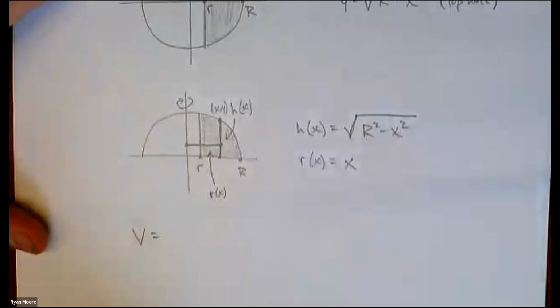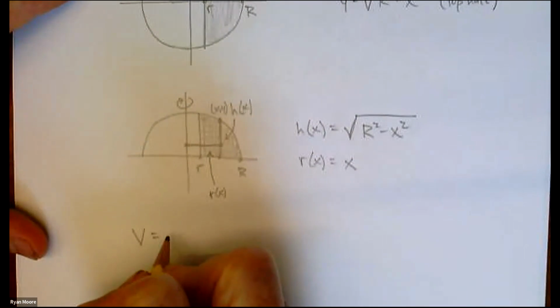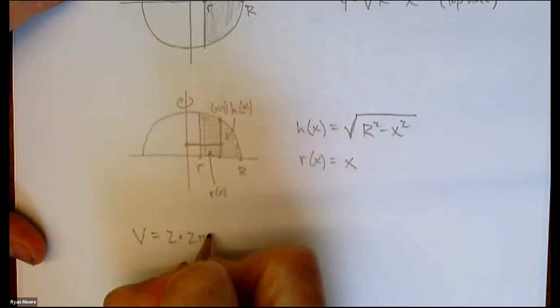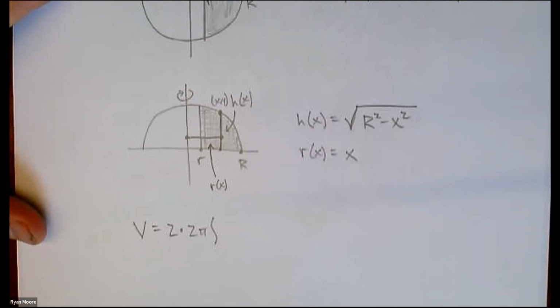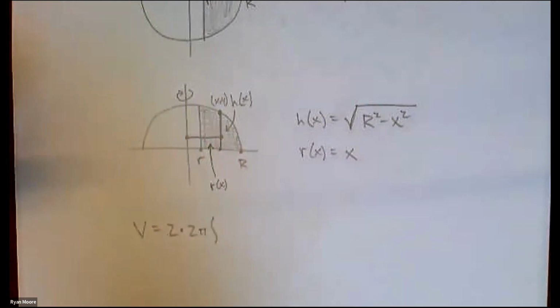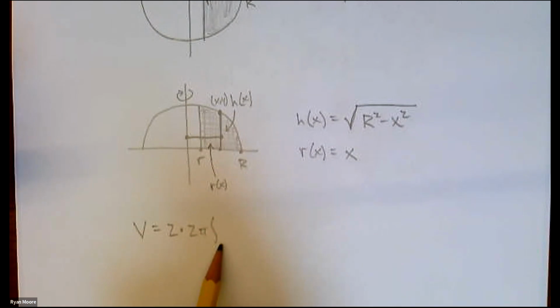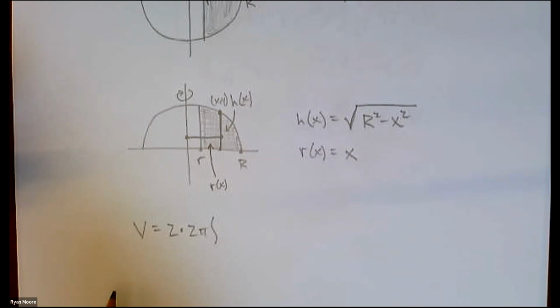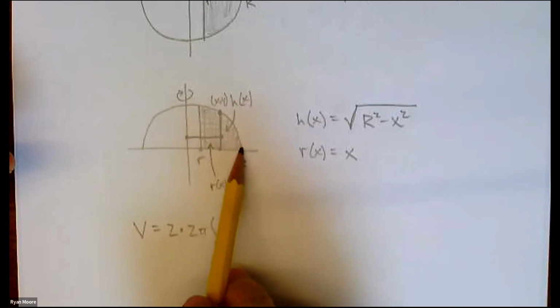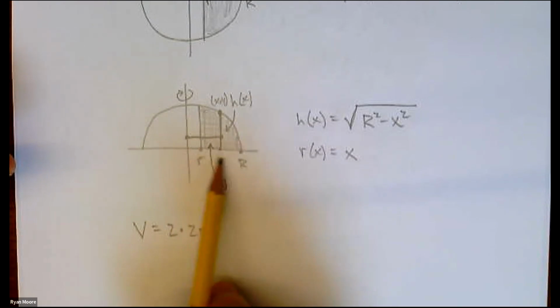Okay, we got it set up. Here we go. Volume is 2 for the doubling, times 2 pi, integral. What are the limits of integration? Well, if you look at the region, there's where we start, there's where we stop.